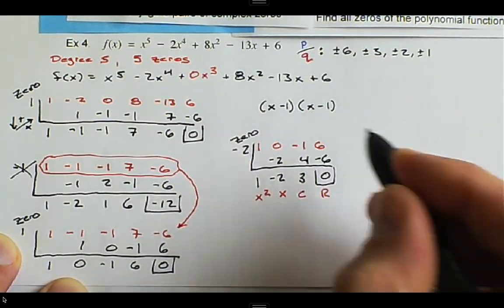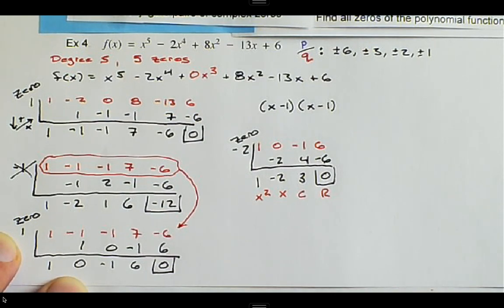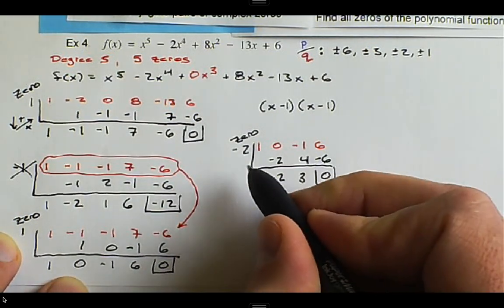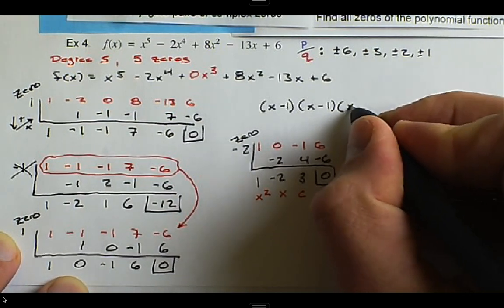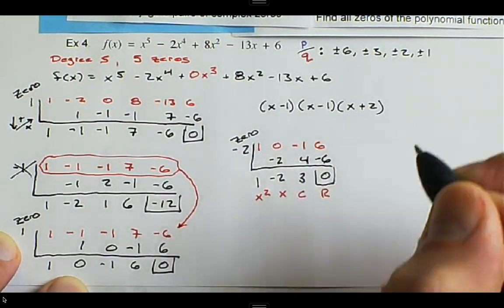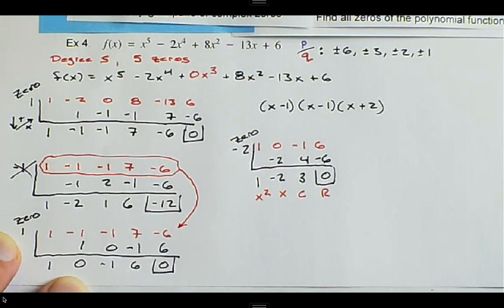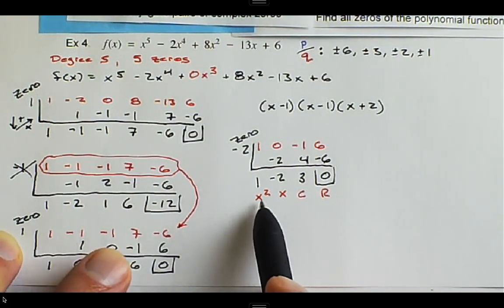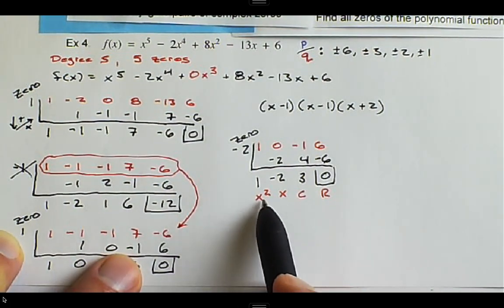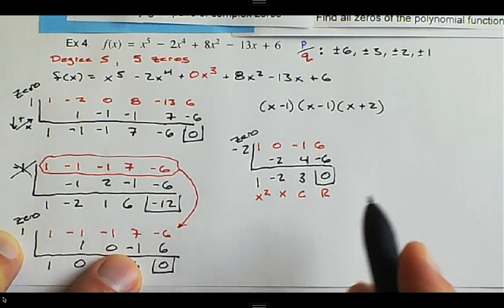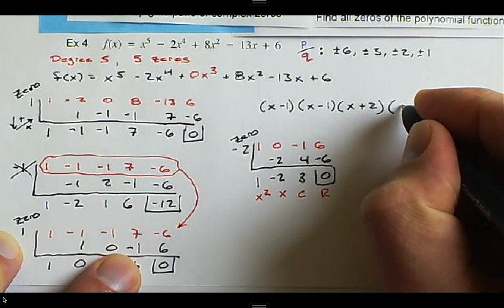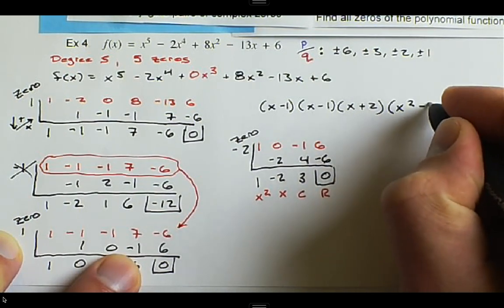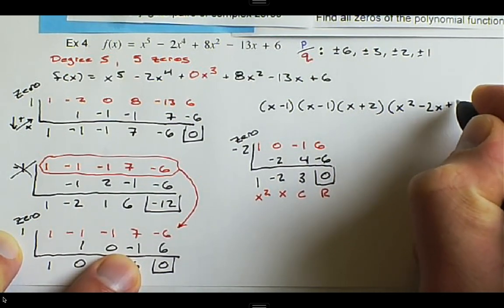That was our double root, or our multiplicity of 2. And then we have -2. So that's actually x plus 2. And then we have our remaining polynomial here, where we have 1x squared minus 2x plus 3. And that's our quadratic left at the end. So we have x squared minus 2x plus 3.